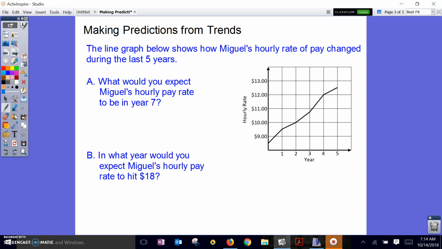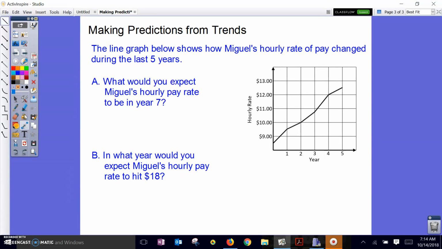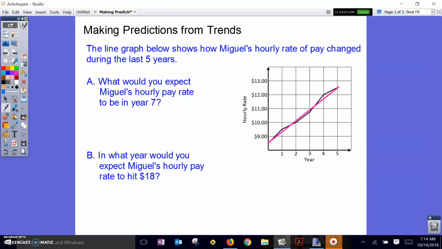And when we look at this, we can see that, again, the trend in the data is very close to linear in fashion. If I draw a line from the first point to the last point, that's very close to linear. And so we can expect that his hourly pay rate is going to move up at roughly this linear rate. Now we need to figure out what this linear rate is.